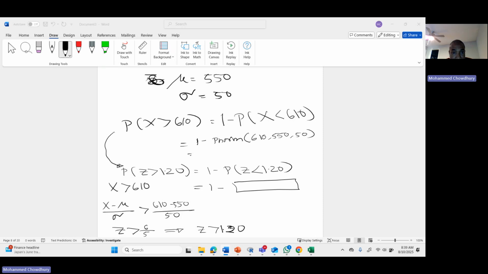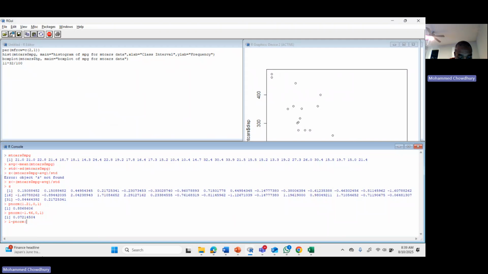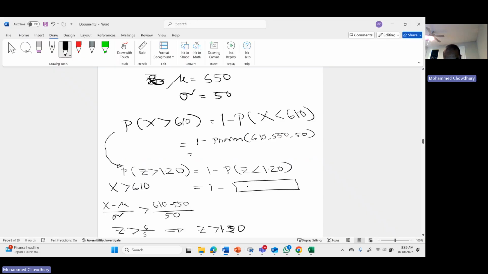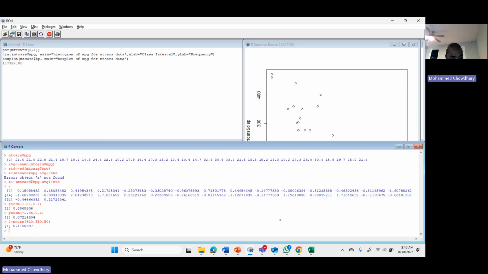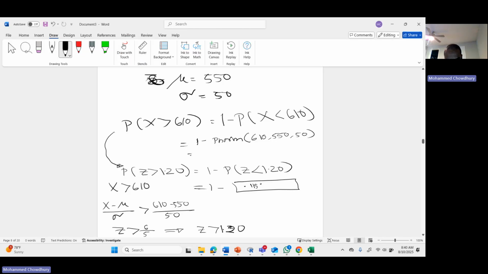I can go to the R, 1 minus pnorm 610, 550, 50, and you get directly 0.1150. I directly computed this, 0.1150.